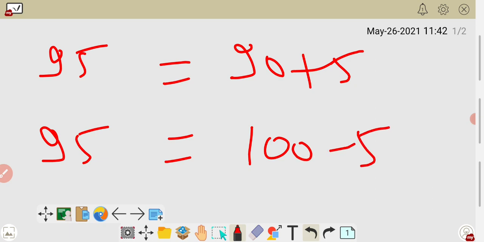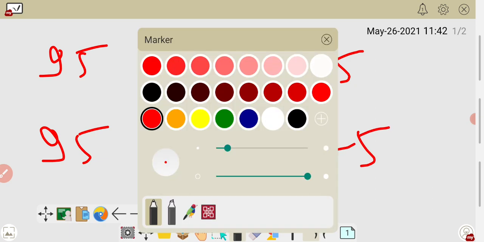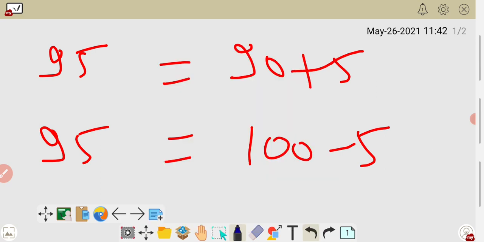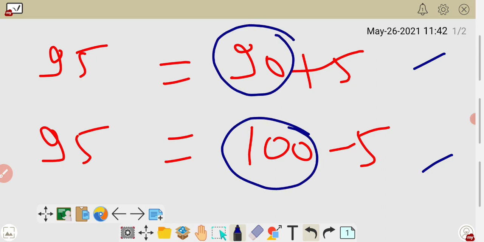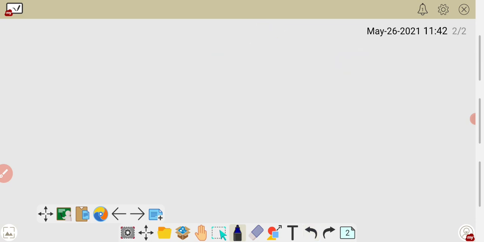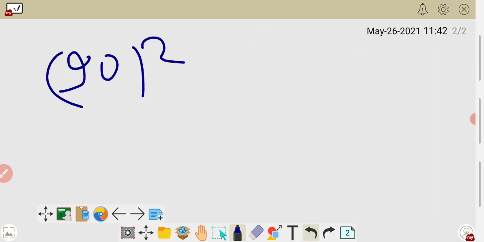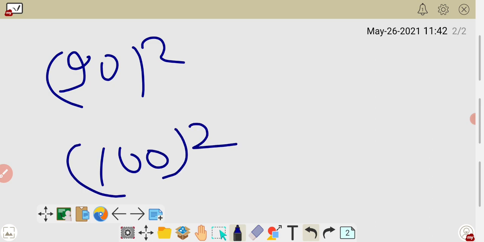Both are correct, but the important thing is which one you should prefer. Now I am going to explain one important concept: suppose you want to do the square of 90 or the square of 100, which one is easy?